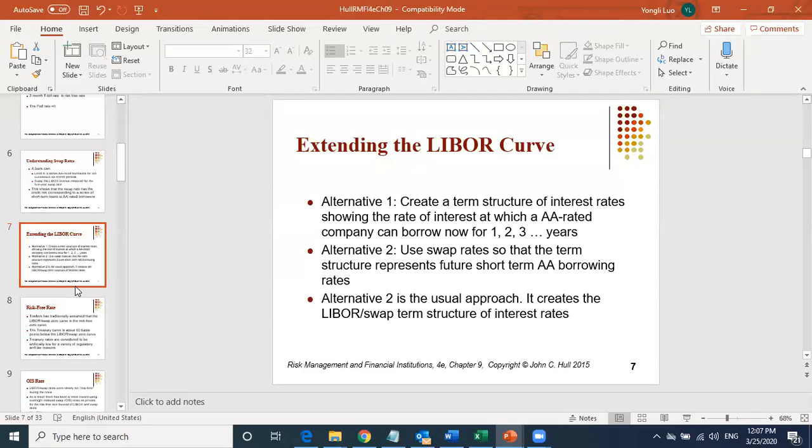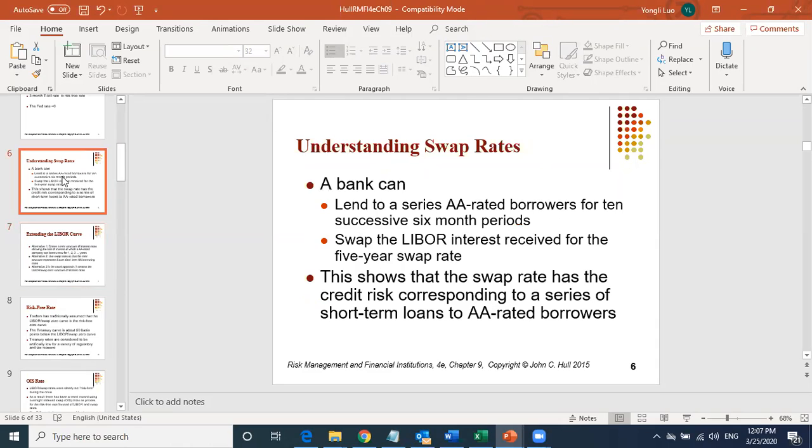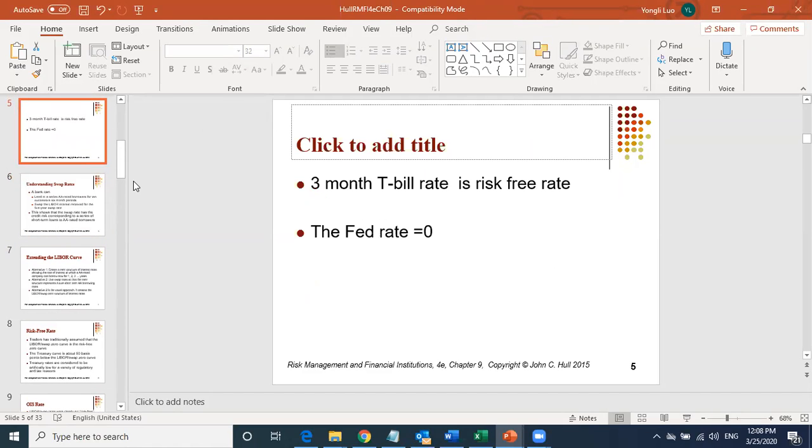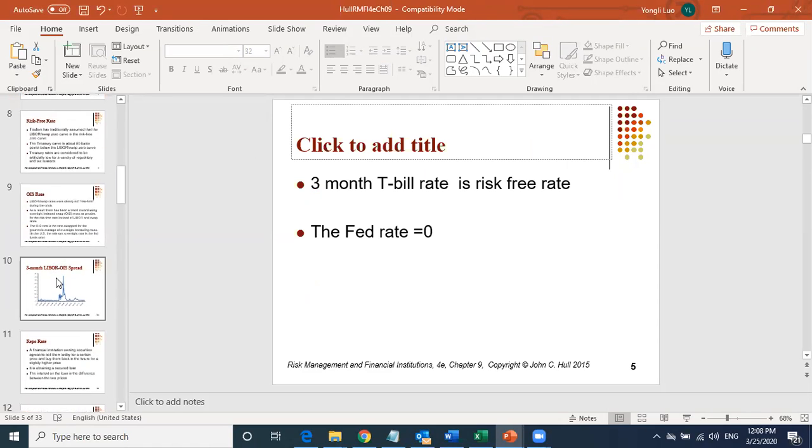So it's very important to see the real risk-free rate. For all the other financial assets, when you borrow and pay interest rate, they add a risk premium. It's not going to be the risk-free rate. It's going to be some risk premium added to that risk-free rate.